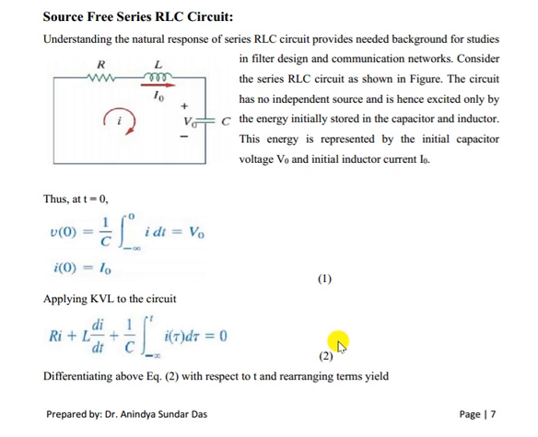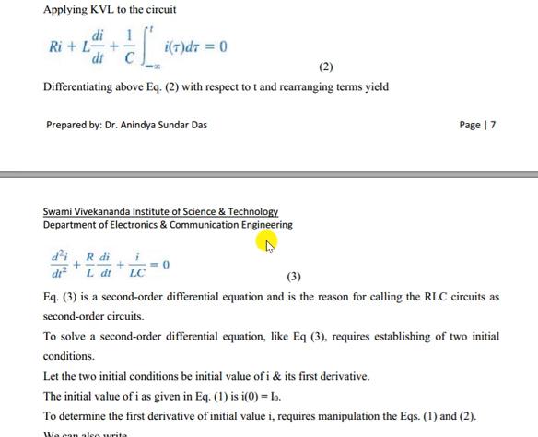Now equation 2, we can differentiate this equation 2. Okay. And what we will get? Say differentiation and divided by L. So if we differentiate this part first, what we will get here, that is L d2i/dt square. Now if you divide by L, you will get d2i/dt square.